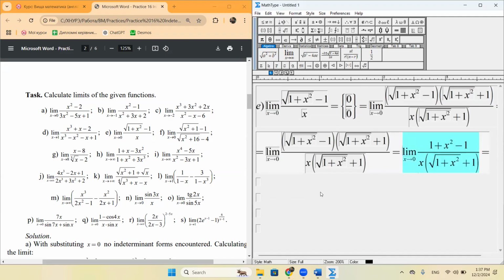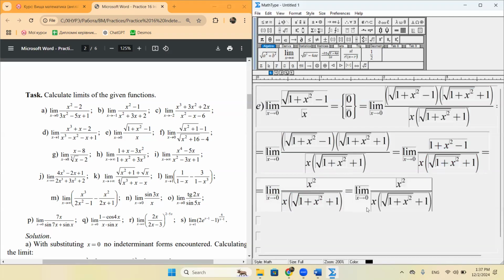And now let's continue transforming and simplifying the limit. So what we have here, x in power of 2, and here x. We can reduce x. So x goes away, and power of 2 goes away.